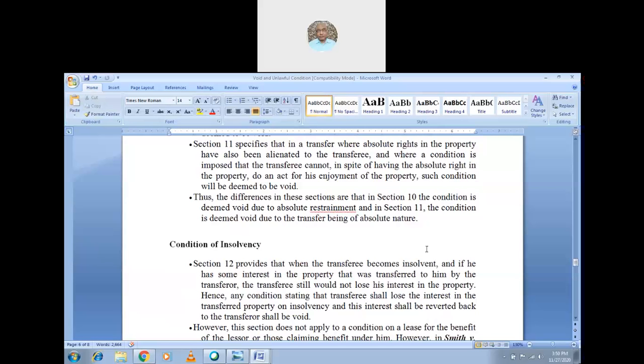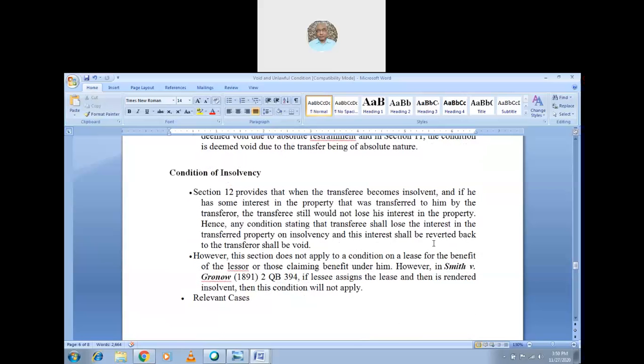Now the condition of insolvency. Section 12 provides that when the transferee becomes insolvent and has some interest in the property transferred to him by the transferor, at that instant the transferee still would not lose his interest in the property.